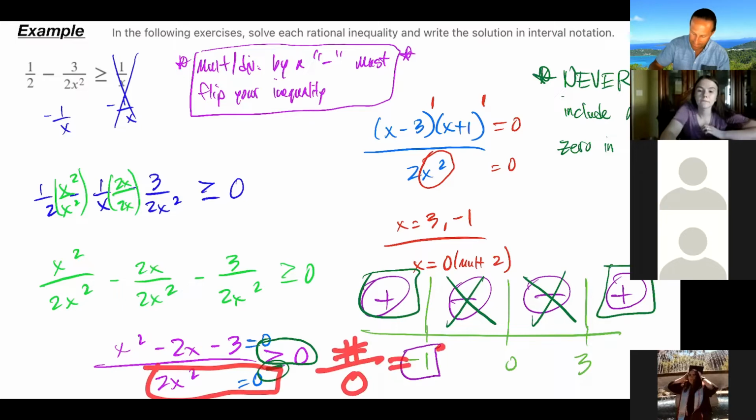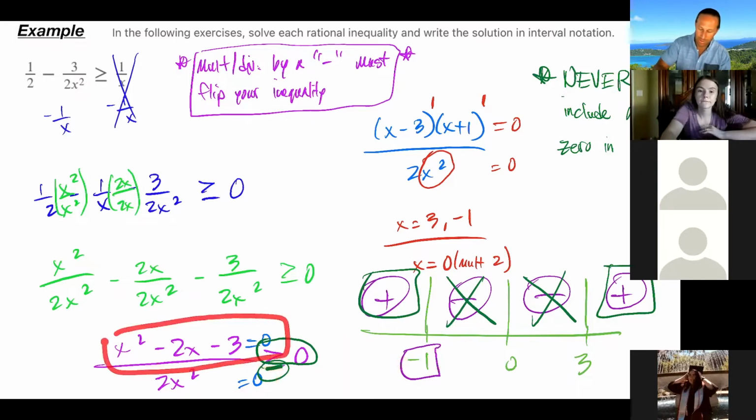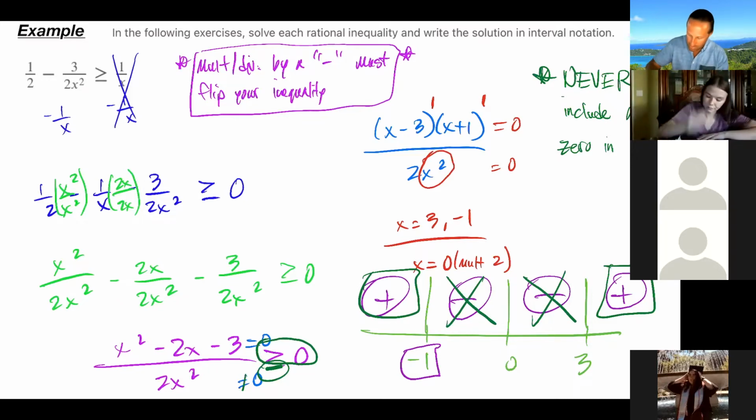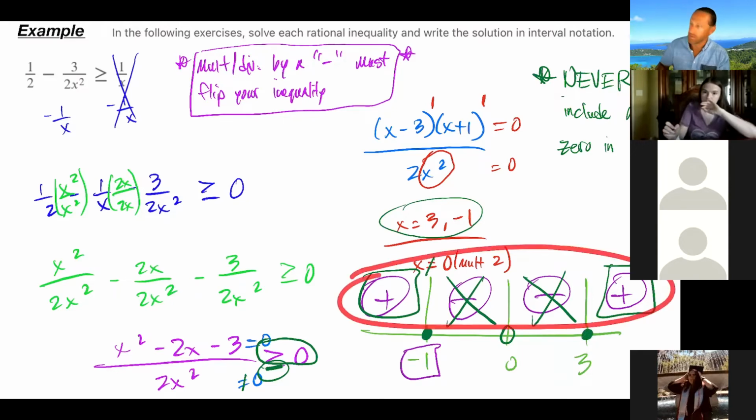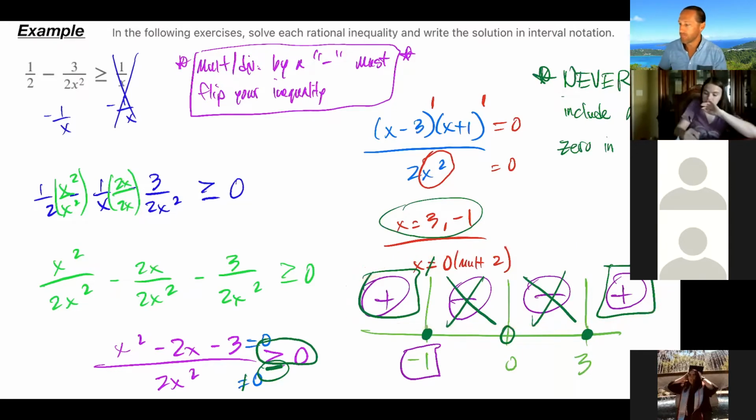Is that going to give us a 0? No. Like Mel said earlier, it's only the top, the numerator, that would actually equal 0. So my suggestion to you is put the not equal to 0 on the bottom to remind yourselves. So the denominator zeros, when I graph, I always put an open dot, and the numerators, I put closed dots, so I don't have to go back and think about it. Then I'll get all of these, and then I'm done.